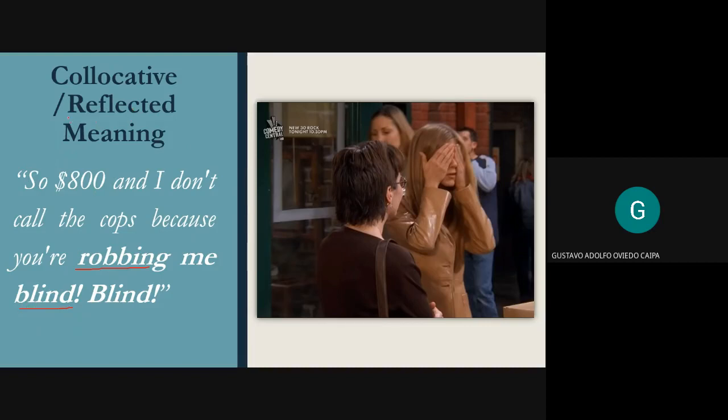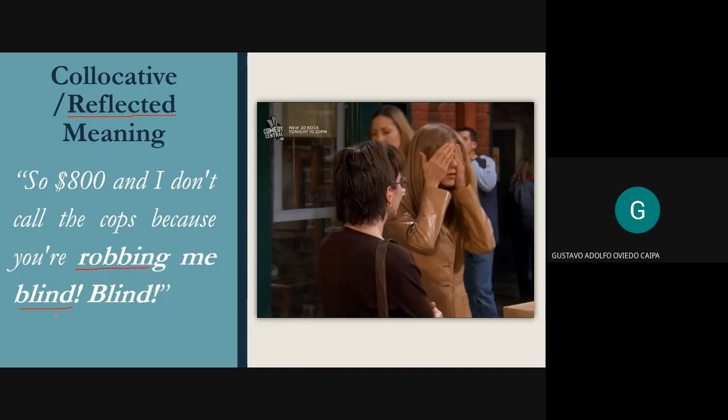Now, look at reflective meaning. What is the most normal meaning of blind? Look at the image and you can tell me. Not being able to see, right? When someone is blind, he cannot see. But in this expression, rob blind, blind has nothing to do with the eyes.